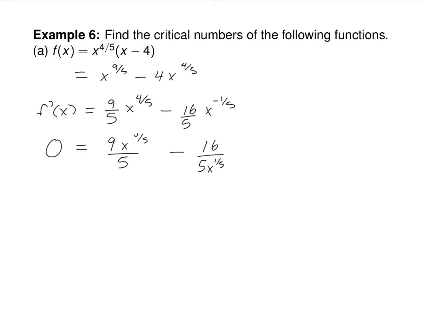And this is why I made you find common denominators, because you're going to need to for stuff like this.